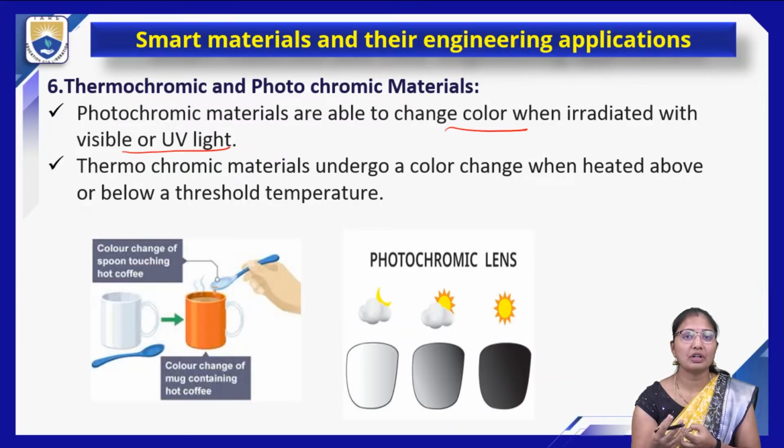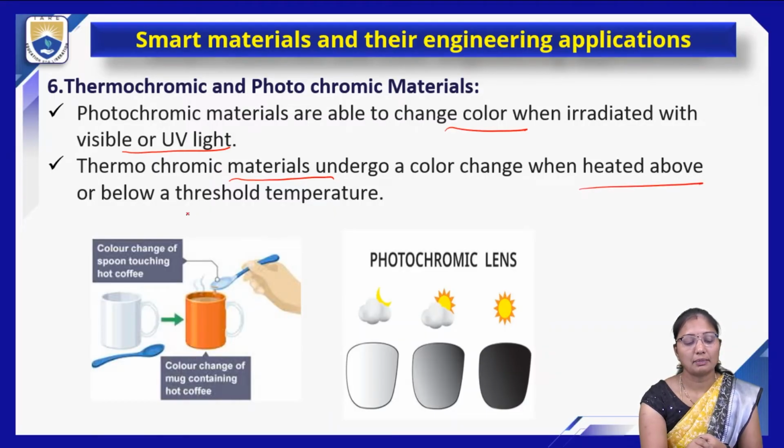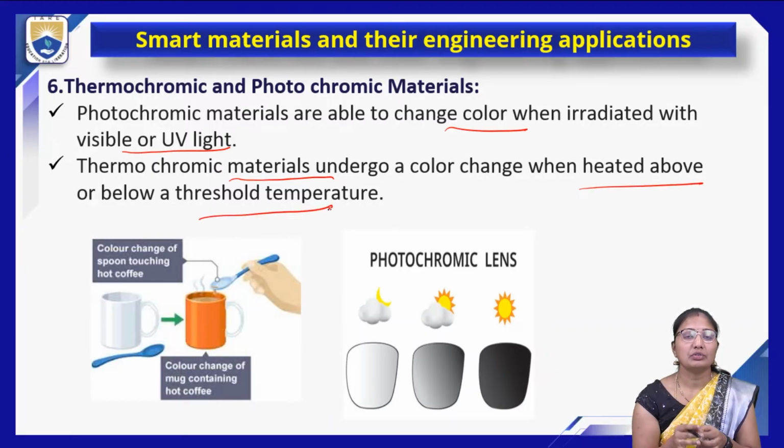Upon exposure of this material to sunlight, it changes its color. Thermochromic materials undergo a color change when heated above or below a threshold temperature. Generally, these materials, the polymer materials, will have some threshold temperature, so on heating above and below that temperature, they change their color.